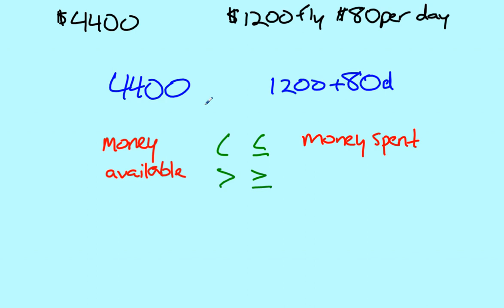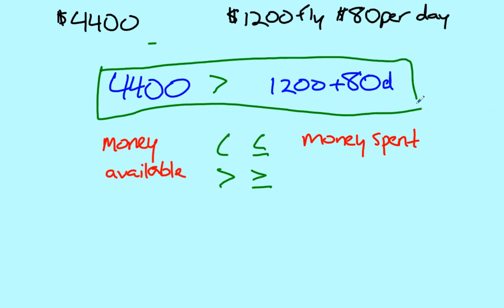Hopefully the obvious answer is that this has to be the bigger number. You cannot spend more than you have. So in order for this to work, we have to say $4,400 has to be greater than whatever amount of money they spend. Now we could go in and actually solve for d, but that's not what it's really asking for here. So this is a satisfactory answer.